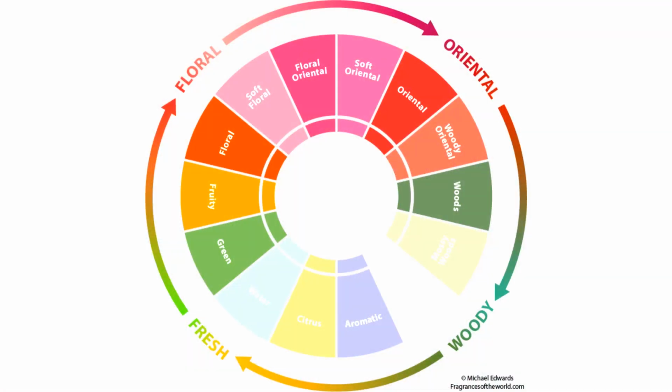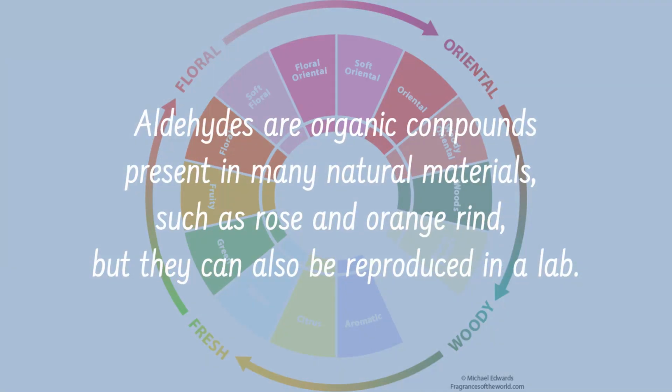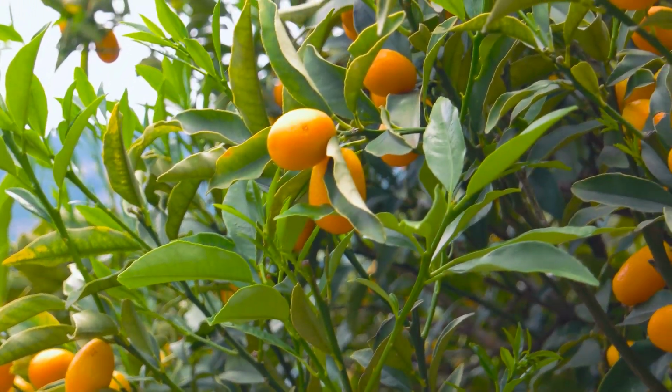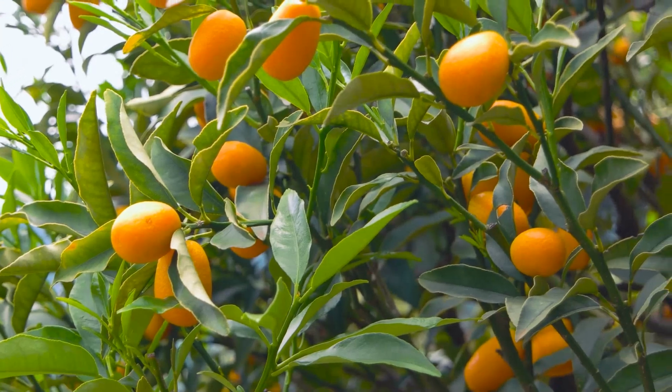For instance, florals lead into soft florals when blended with sparkling aldehydes or balanced with that powdery dry down. Soft florals are transformed into floral accords or orientals by just adding some scent of maybe orange blossom or some other sweet spices.